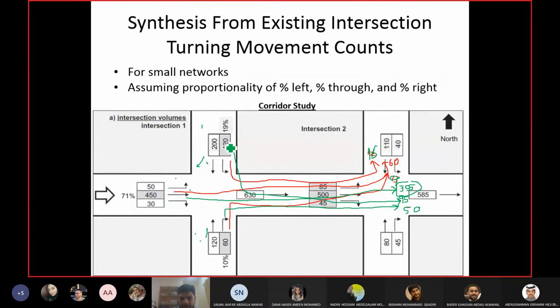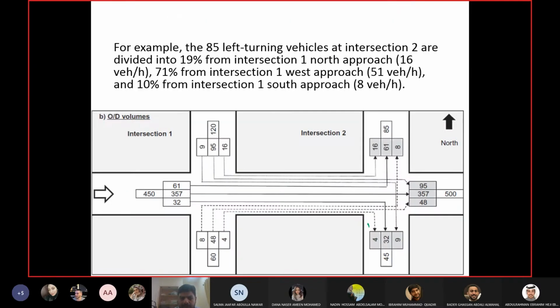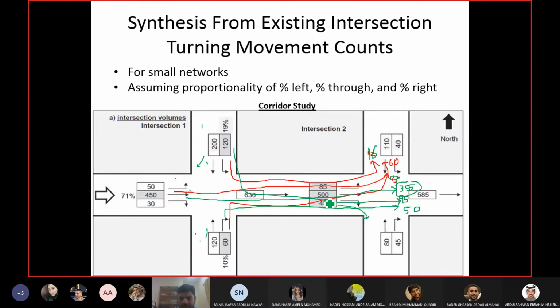So from 120 you calculate 19% of 85, 19% of 500, 19% of 45. So 19% of 85 will be going left from here, from this zone to this zone, which I've already marked here with the red line. Then 19% of 500 will be going straight from here, which is 95. And 19% of 45 will be going right, which they are saying is 9.